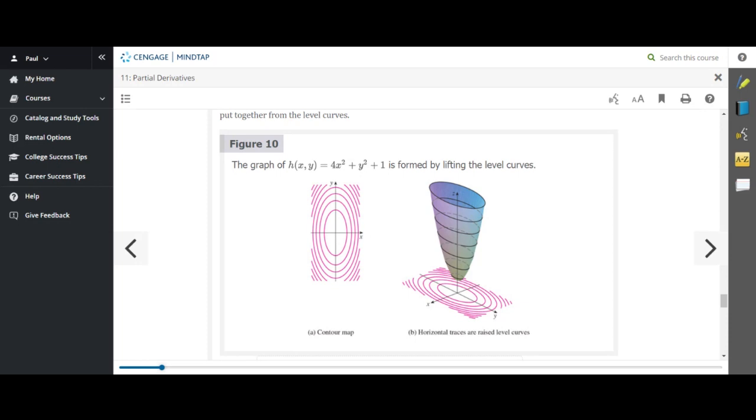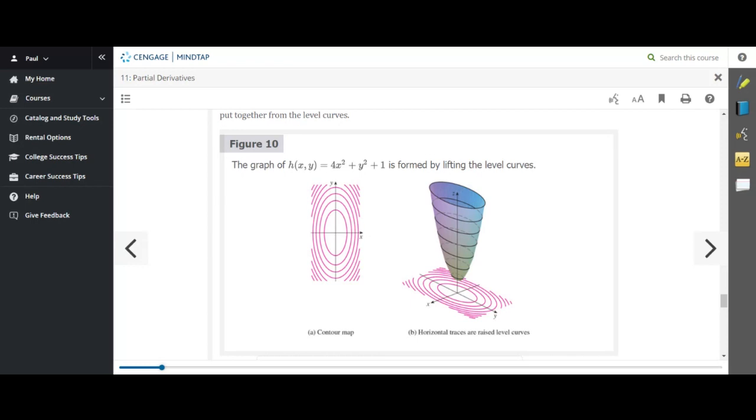As we move out from the origin in figure 10, are the level curves getting closer together or farther apart? I maybe didn't say this right.